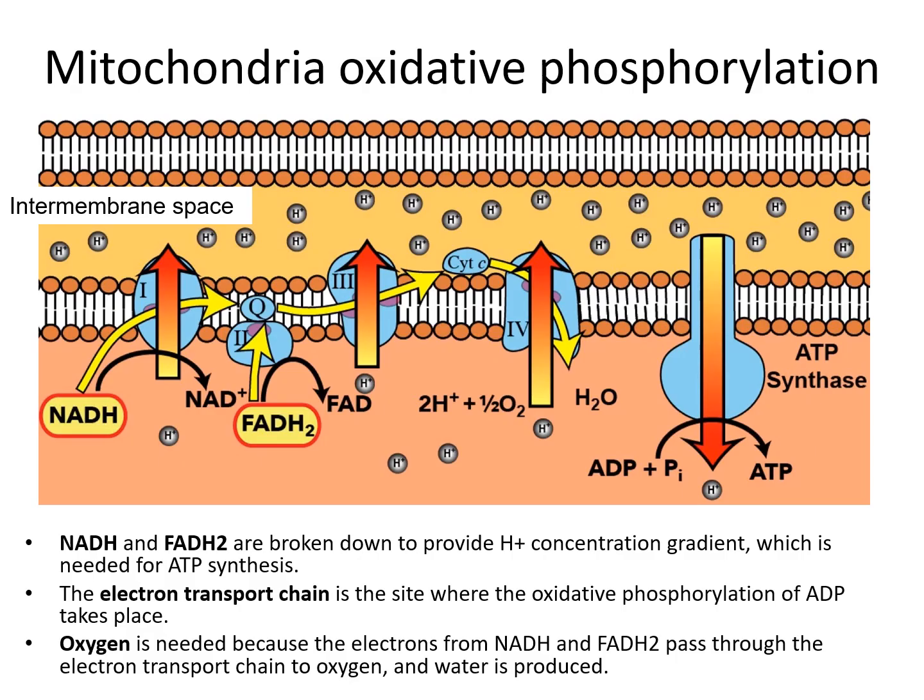So the process to produce that ATP is through oxidative phosphorylation. This is done through a group of proteins located in the inner membrane. So here is the inner membrane.